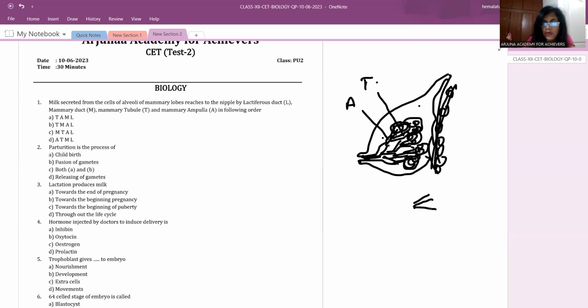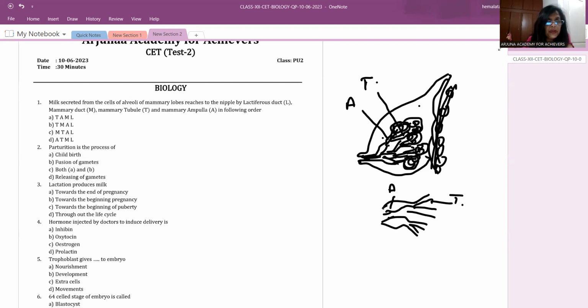Many tubules join over here, and these tubules open into the ampulla, right? So the first one is tubule T. Then comes the ampulla A. Here is one ampulla, here is another. They are formed from the tubules and are slightly swollen parts. So TA has come.